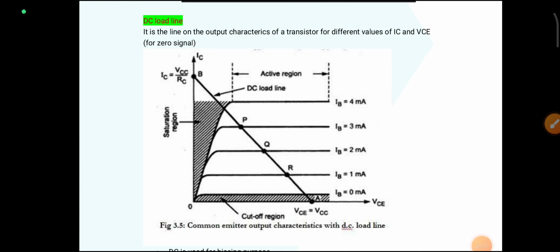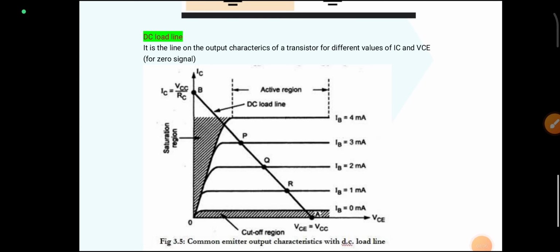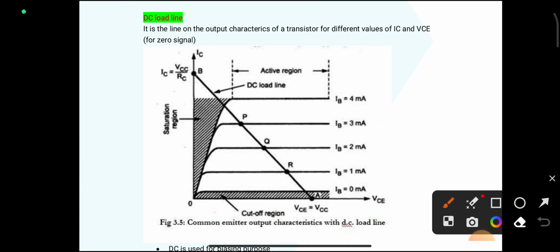In this load line, here we have IC equal to 0, on the x-axis, since on the y-axis we take the collector current. So the collector current at this point is 0.